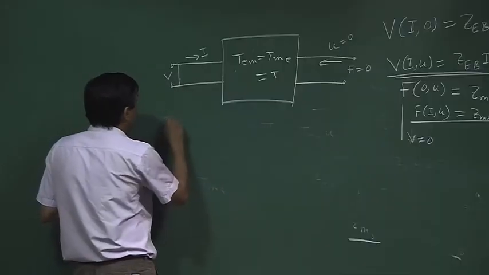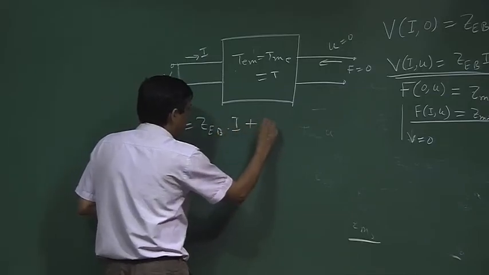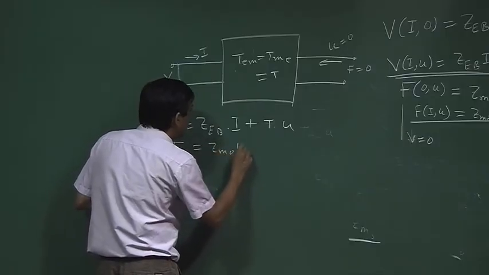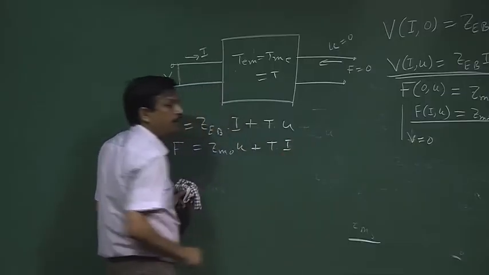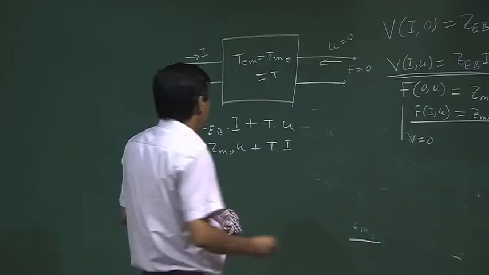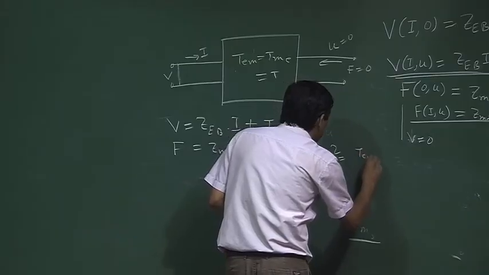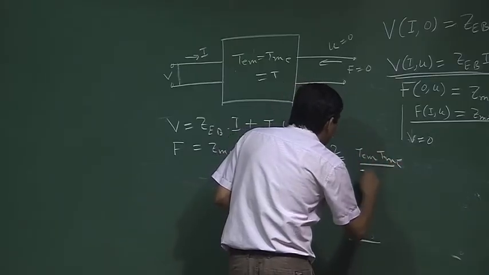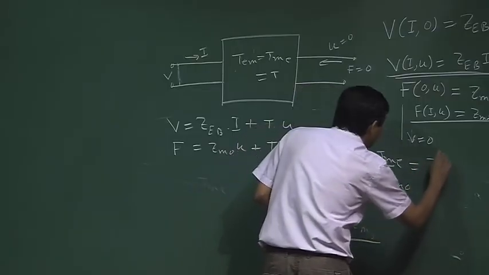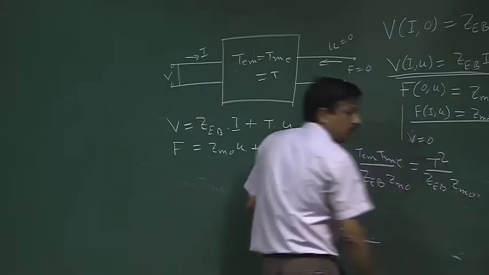In that case, V will be JdV into I plus T into U, and F will be ZMO into U plus T into I. Now, Kc square is nothing but TEME divided by JdV into ZMO. So, it is nothing but T square by JdV into ZMO.